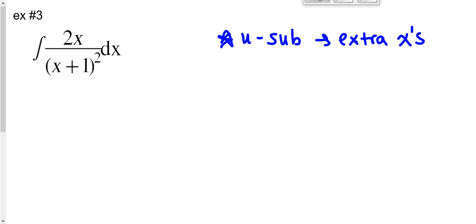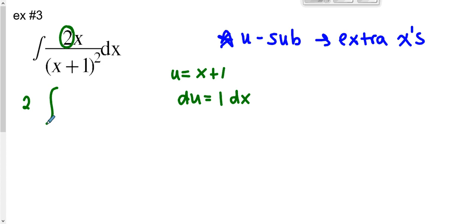When we do that, our u substitution is usually our inner function. So let's go ahead and say that u is equal to x plus 1. If that doesn't work out, we can always scratch that and restart with a different u. That means du is 1 dx. Well, this 2 I can move out front and worry about later.